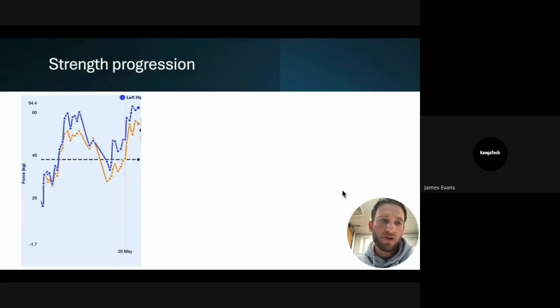So the strength progressions that you can see here, so this was his adductor squeezes. So you can see initially we had the injection period, then we had that initial improvement through the conservative approach, and then the drop off in function. And now here, this is the post-surgical progression.